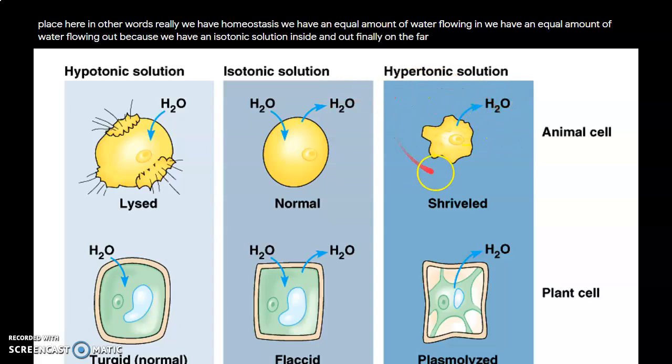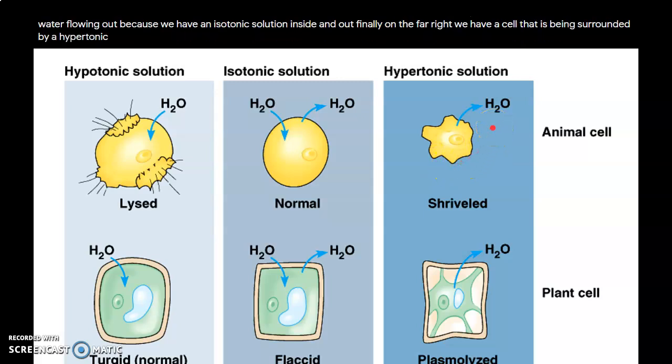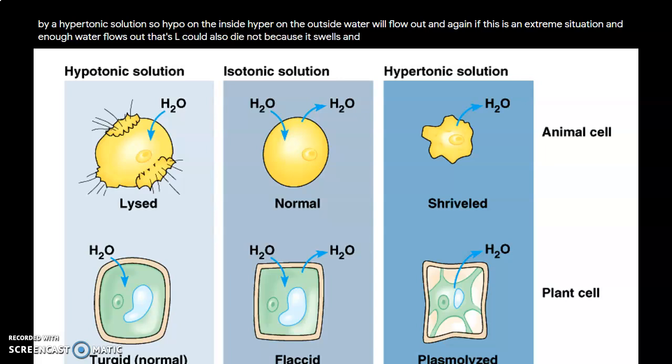Finally, on the far right, we have a cell that is being surrounded by a hypertonic solution. So hypo on the inside, hyper on the outside, water will flow out. And again, if this is an extreme situation and enough water flows out, that cell could also die, not because it swells and pops, but because it shrivels and dies.